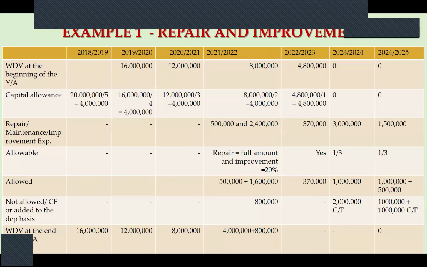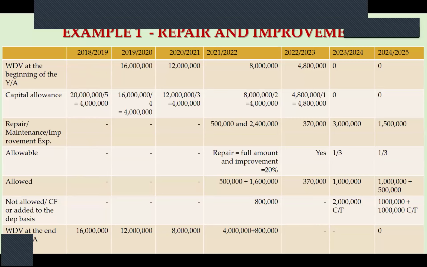That is why I have divided this 20 million by 5 to calculate the 18-19 depreciated value. Since I purchased this asset during 18-19, the capital allowance for that period is 4 million, because for the purchased year, if we use that asset, we can grant capital allowances. If we have not used it during that purchased year, we cannot grant capital allowance.